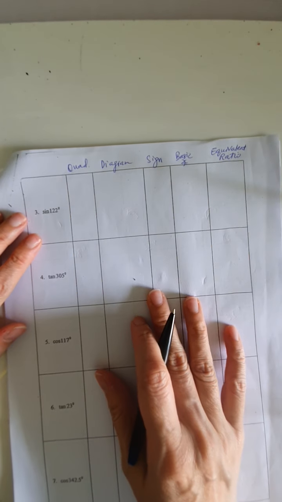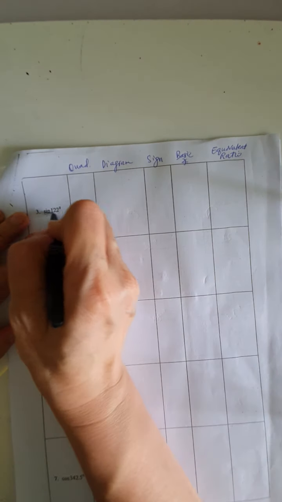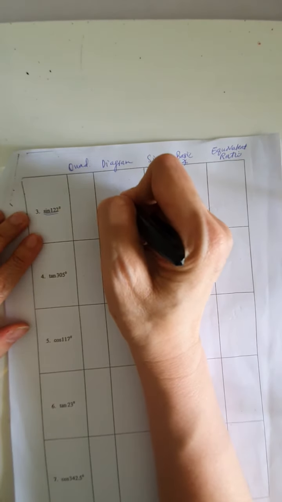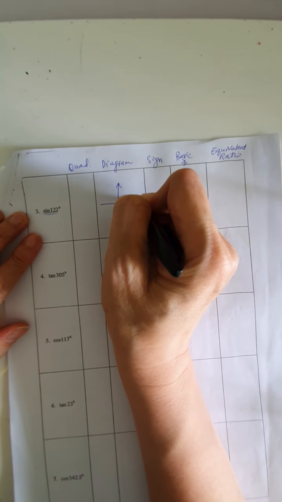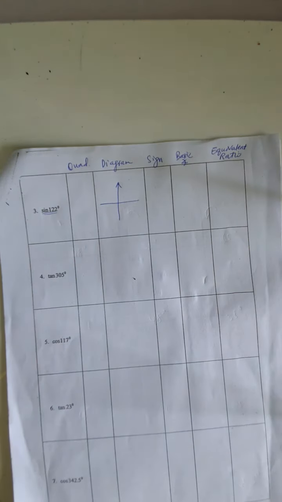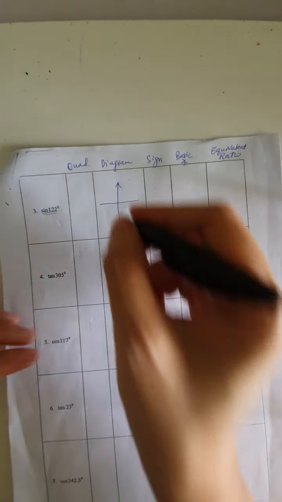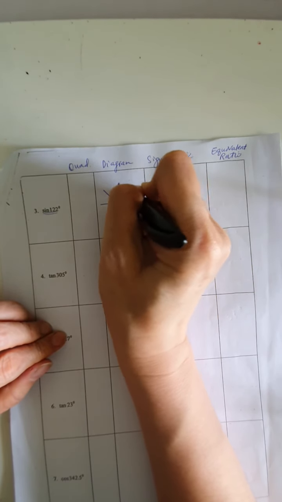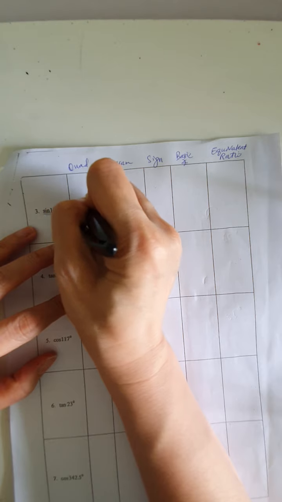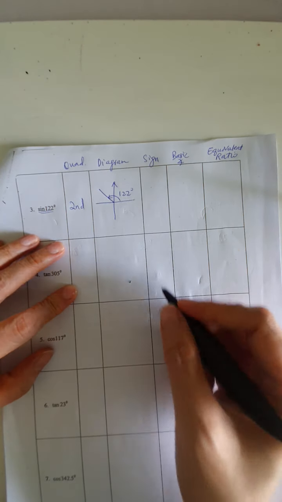Okay, so sine 122 degrees. Let's draw the diagram. Sine 122, where is it? Yes, it's in the second quadrant. So I put down second quadrant.